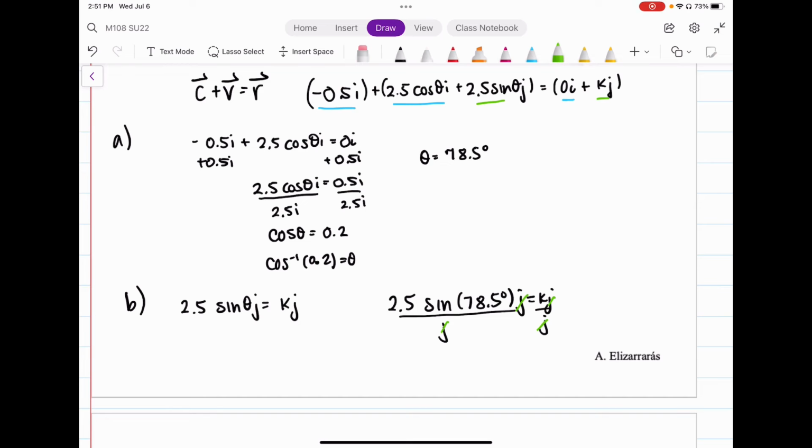I can divide both sides by j and get that 2.5 times the sine of 78.5 degrees is going to be my k value. And using my calculator, k is roughly 2.4 miles per hour. That is Joe's true speed.